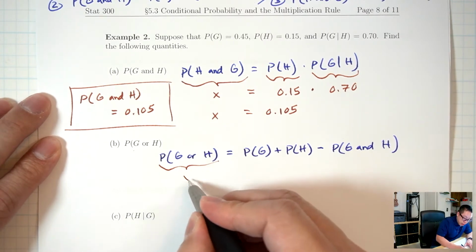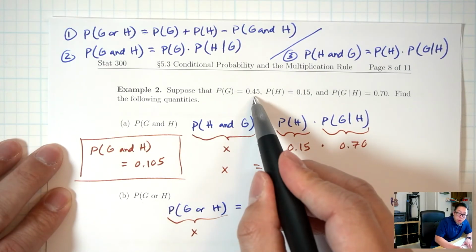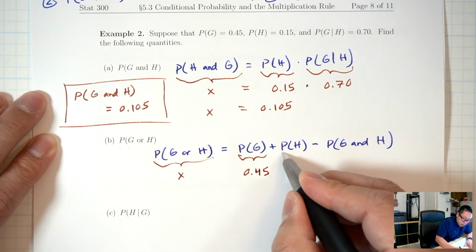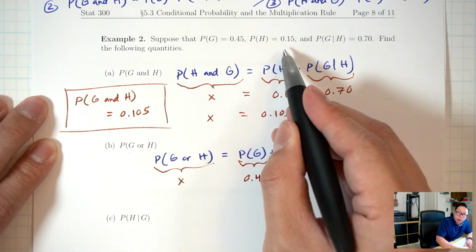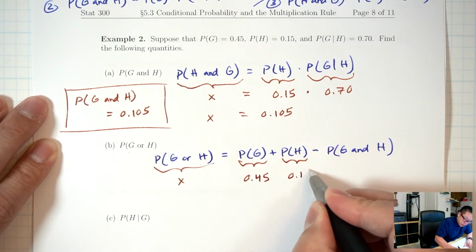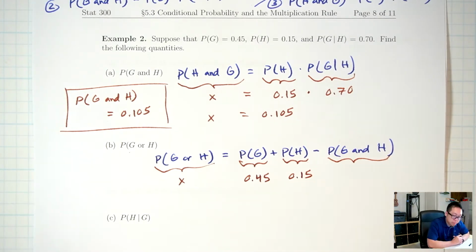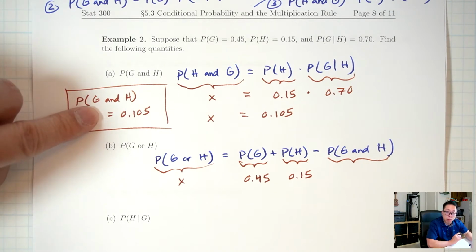So let me just call that X. Probability of G is 0.45. Probability of H is 0.15. Probability of G and H, do I know that? I do, right? We did that in part A, right? So probability of G and H is 0.105.